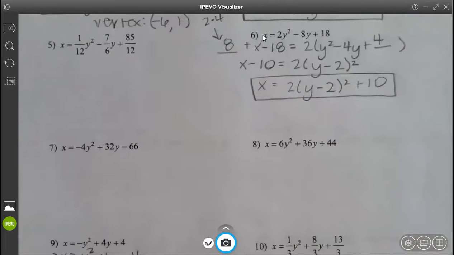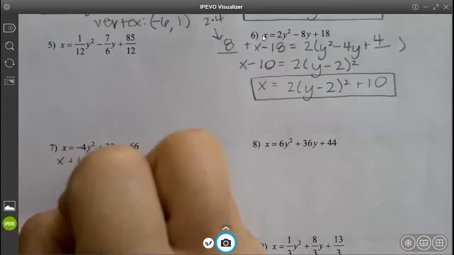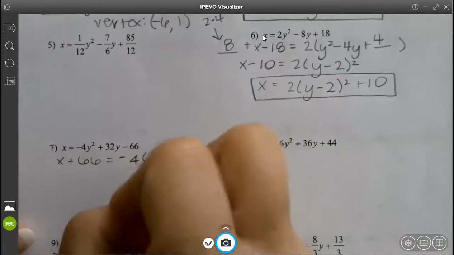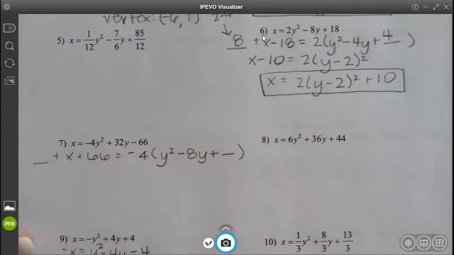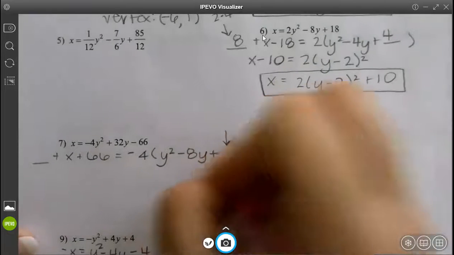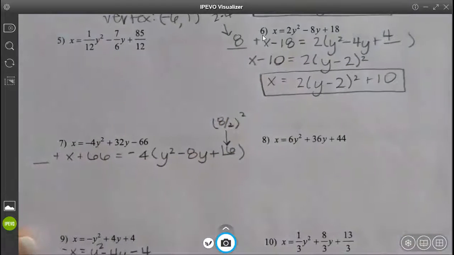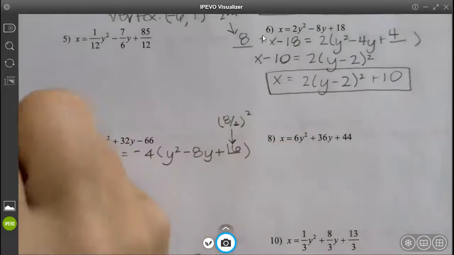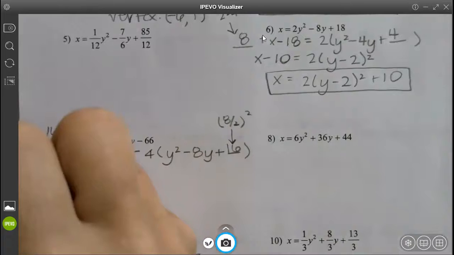Number 7, like I said, I'll go to the fractions last. Number 7, we need to move the 66. And we need to take out negative 4. So we get y squared minus 8y plus blank. 32 divided by negative 4 is negative 8. In this one, 8 divided by 2 is 4, squared is 16. In this box, what you took out times what you put in gives you negative 64.